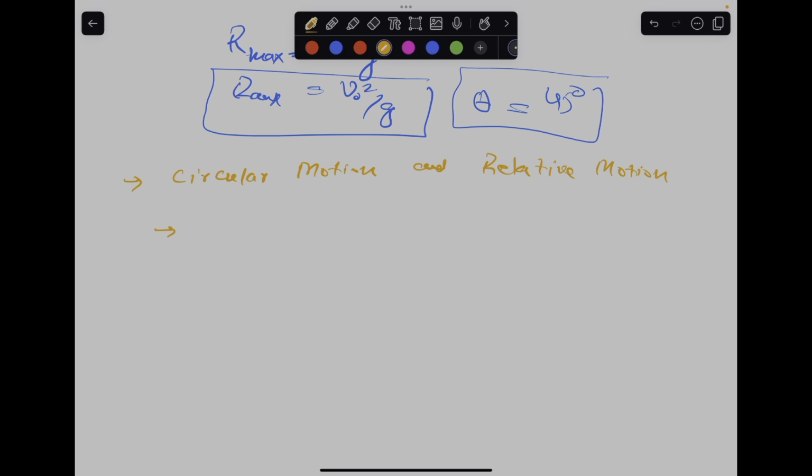When an object moves along a circular path, its velocity vector changes at every moment in time.